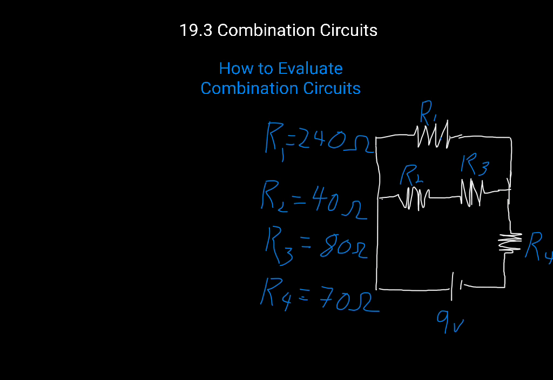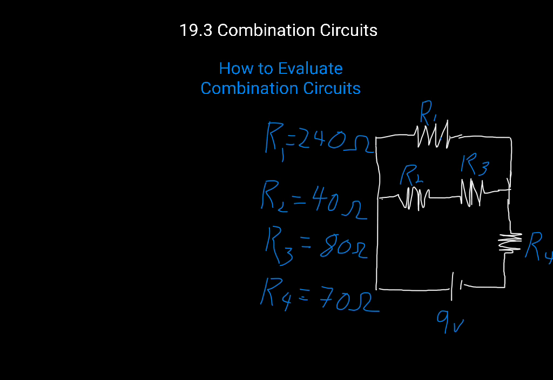This is what I would call the interior part of it, because first we hit this parallel junction, and then inside the parallel junction, we have this series circuit. So when I say start with the interior, I mean start by simplifying this interior series circuit, then simplify this parallel circuit, and then you'll have this equivalent resistance in series with R4. You can solve that series circuit, and then you can get the equivalent resistance of the entire circuit.